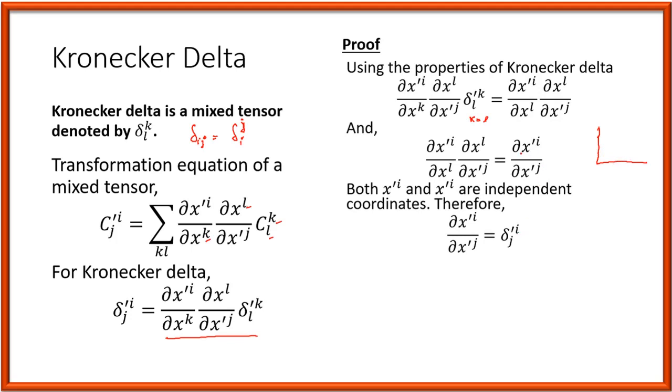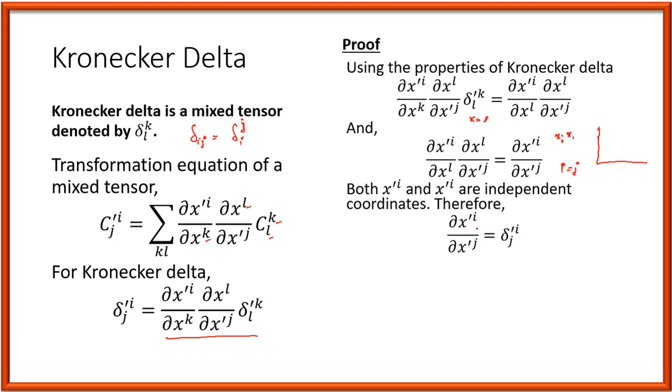That is, this quantity will exist only if i is equal to j and vanish for every other case. As we already know, this quantity represents the direction cosine. So the direction cosine is 1 only if the cosine is taken with respect to its own axis, and it goes to 0 for any other combinations.